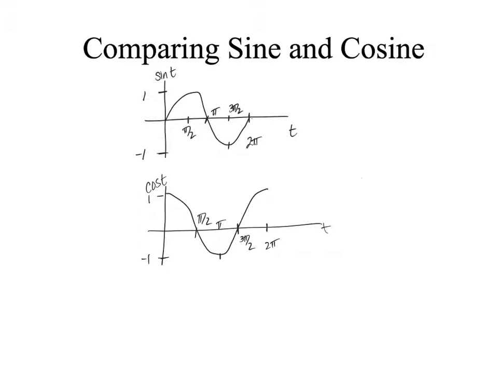And so the sine and cosine are actually very similar. They're just 90 degrees out of phase with each other, and so that's why it doesn't really matter. You could just add a phase angle and choose the sine function if you had already started with the cosine function.